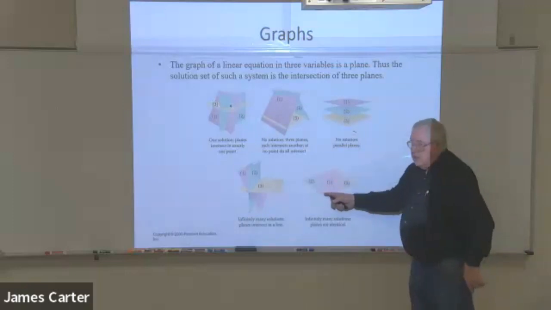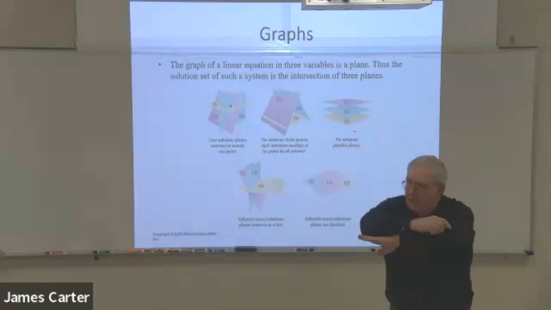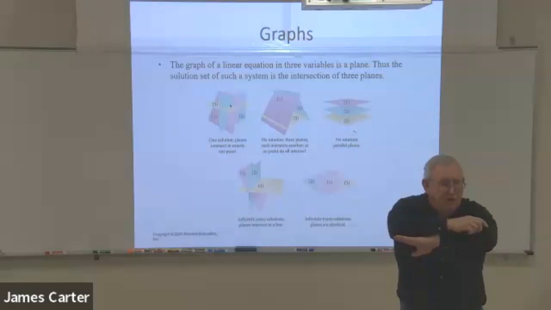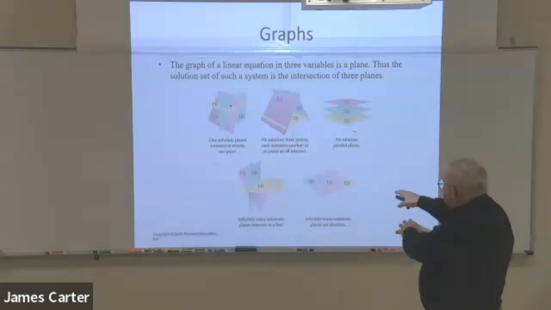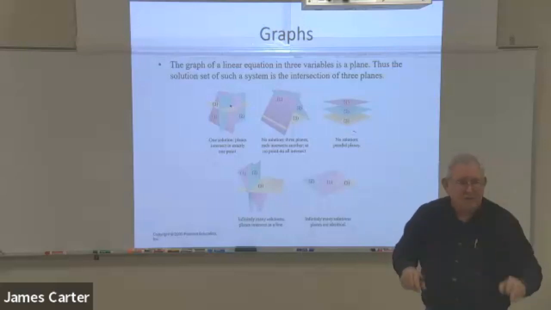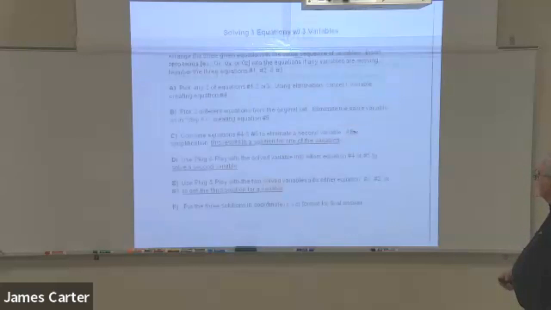And then finally, kind of like lines when we have the stacked lines, where you got the solution 0 equals 0, 5 equals 5. Well, that's what these are, all 3 sheets of paper are actually the same equation, just in different form. So those are the different possibilities.